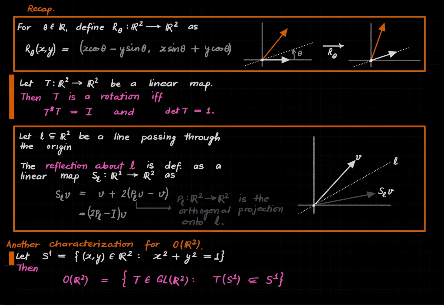So this time the unit circle is being thought of as a subset of R2 rather than the complex plane, and this is how it is written. And the fact that the orthogonal group of R2 is precisely those invertible linear endomorphisms which preserve the unit circle is written over here.